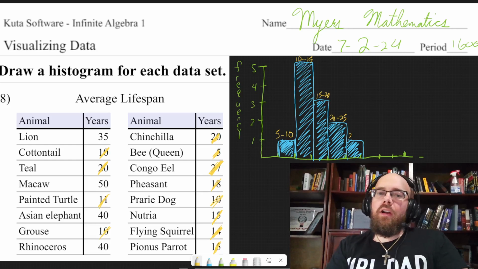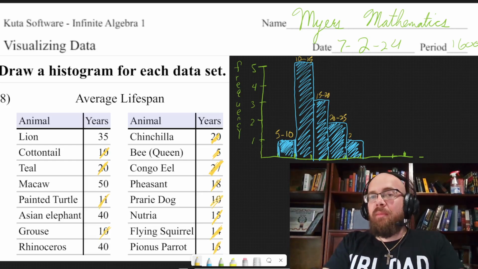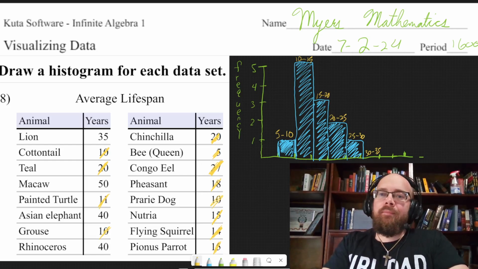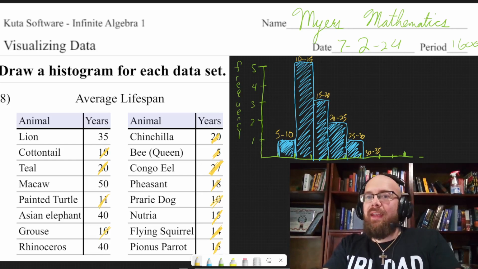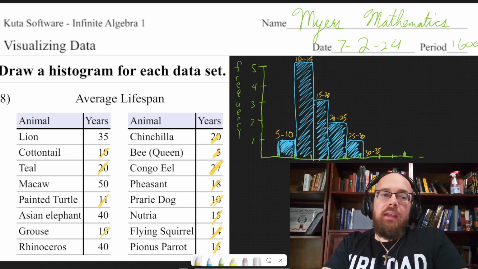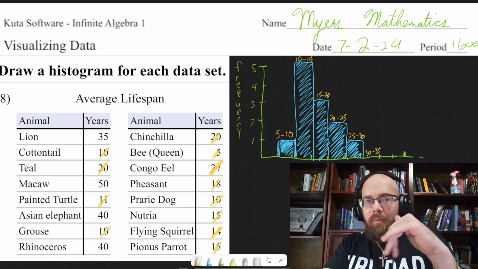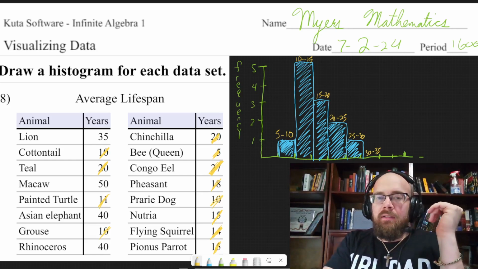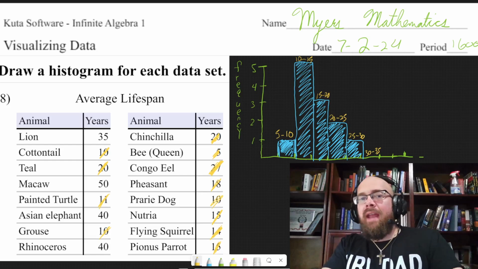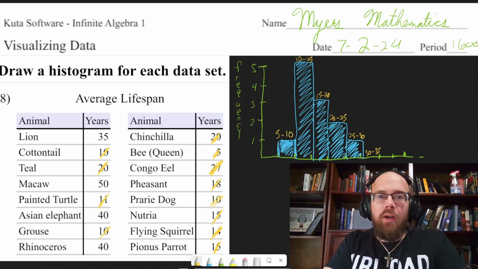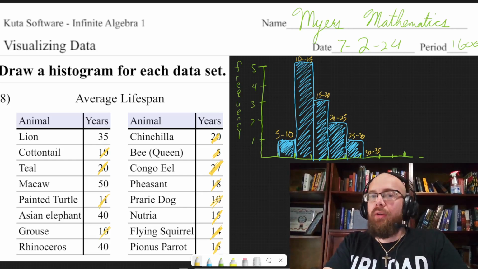There are none, because remember, we're including the first number, not including the second number. So that way it's always the same each time, right? So including the 5, not including the 10. So there's only one 5, nothing between 5 and 10. And then we're not including 10, right? And then now we're on the 30 to 35. There were none that were exactly 30, 31, 32, 33, or 34. And it seems like they didn't do any decimals here.